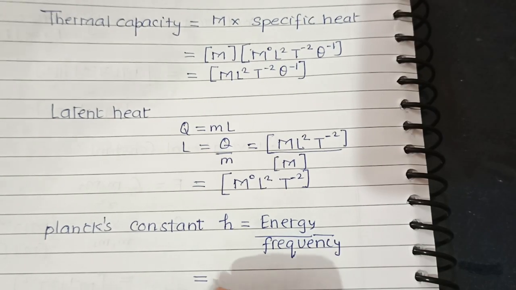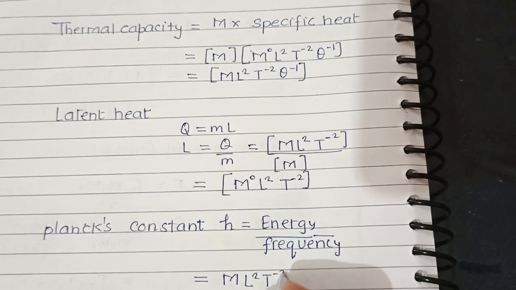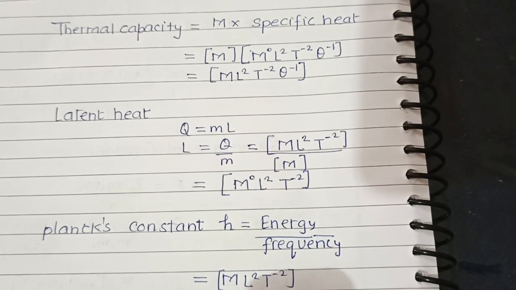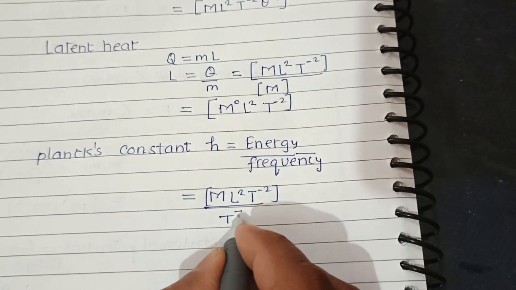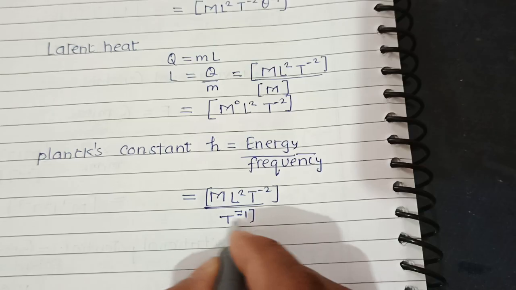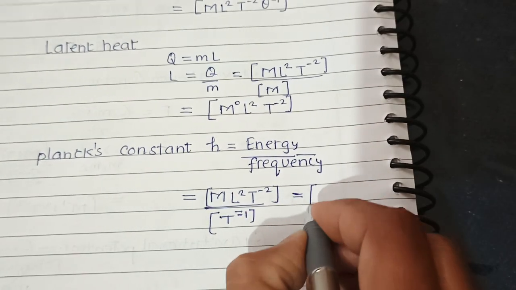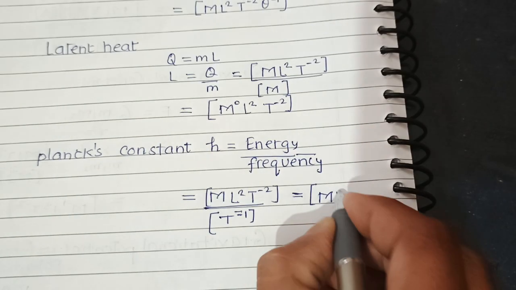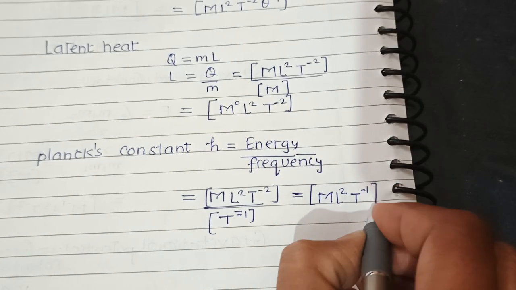So that is energy is M L square T minus 2 and the dimension of frequency is, I have already told you, T minus 1. So that is M L square T minus 1.